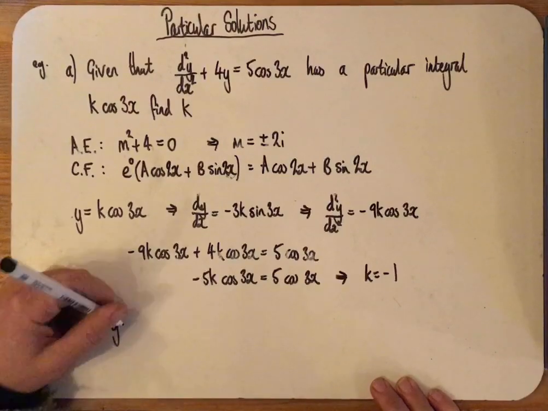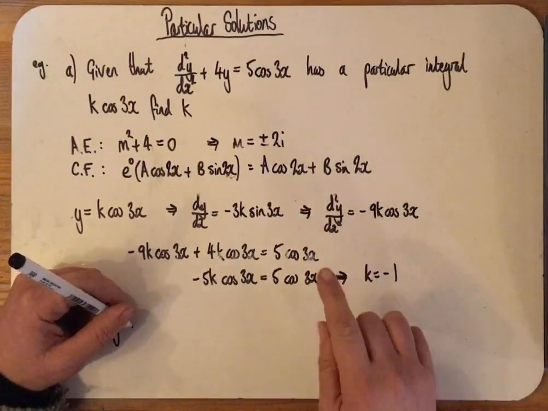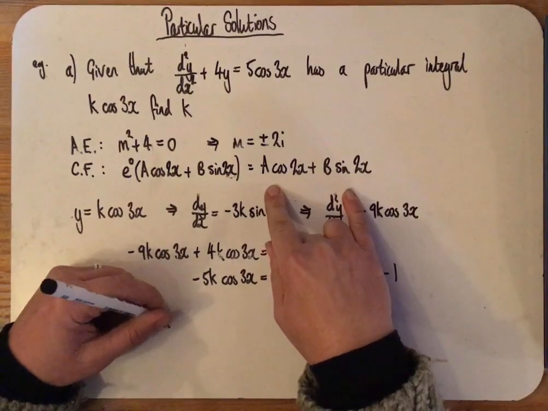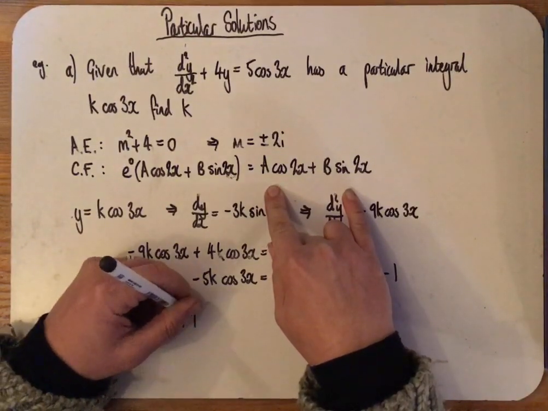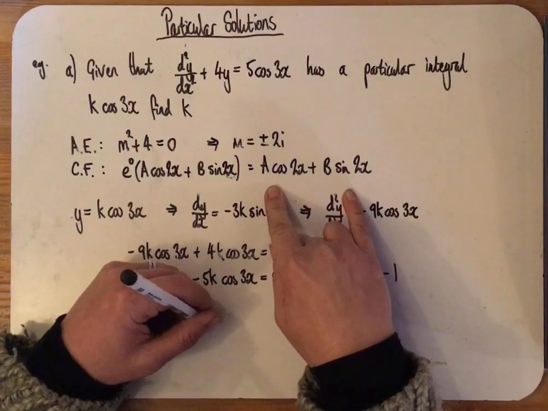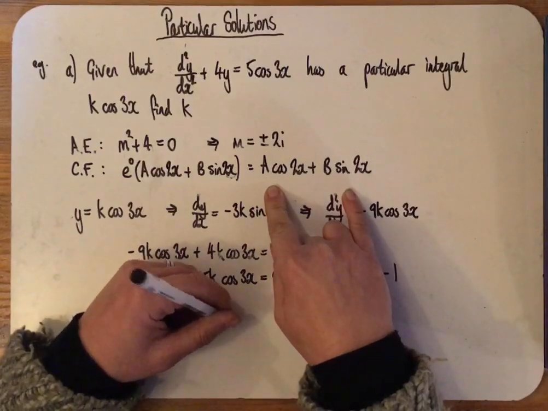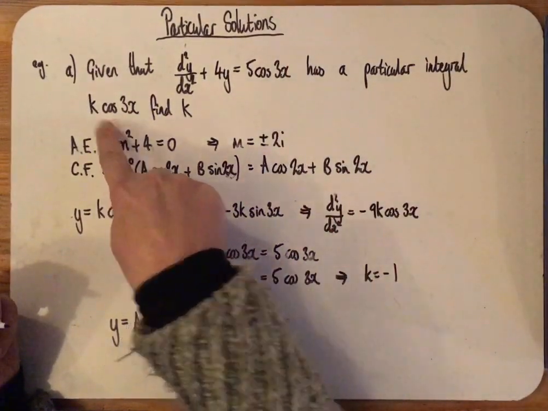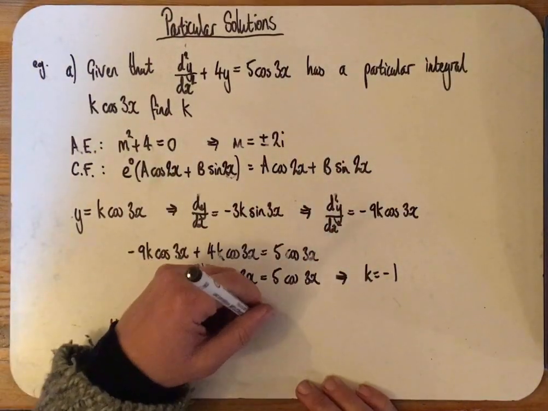So the solution to this, y is equal to the complementary function plus the particular integral, which came out as minus 1, so minus cos 3x.